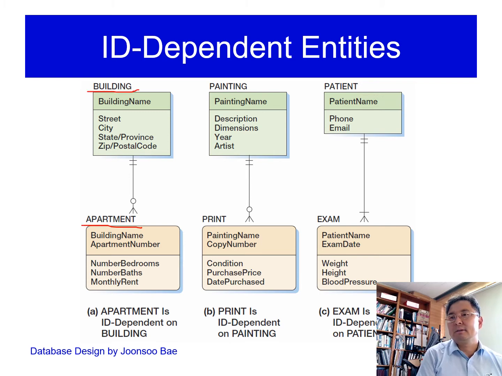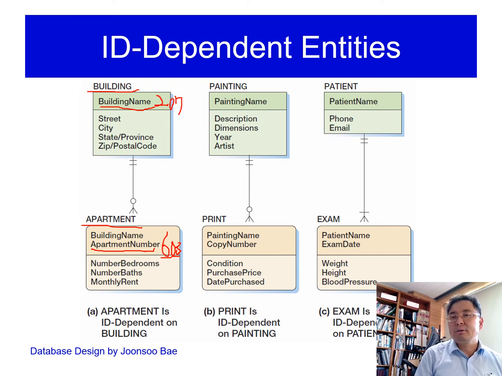The apartment is an individual home in the whole building. The building has a building name, 207, and the apartment has an apartment number, in my case 603. In order to identify the apartment number, we need the building number here. In that case, this apartment entity is called an ID dependent entity.